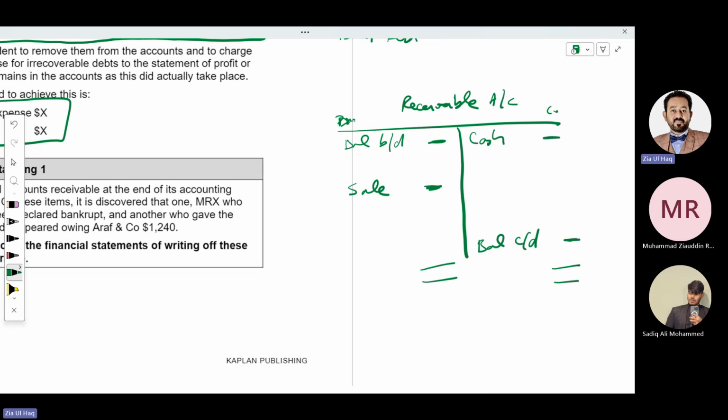And what is the accounting entry for irrecoverable debt? Irrecoverable debt expense debit, receivable credit. So we will record irrecoverable debt here on credit side.